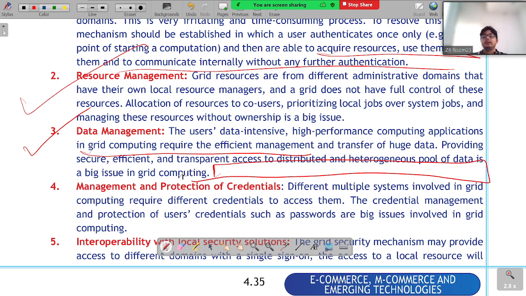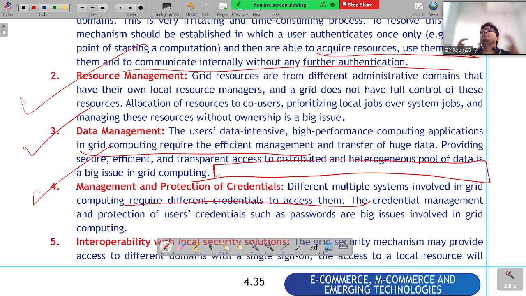Done? Yes or no? Now, management of protection of credentials, a very basic and important thing. Different multiple systems in a grid require different credentials. As I told you, for example, do you have passwords for n number of things? You have a Gmail password, Instagram password, Facebook password, some other login ID and password.